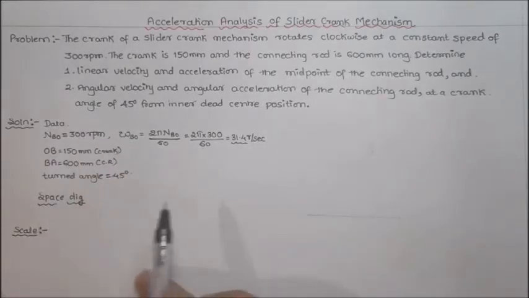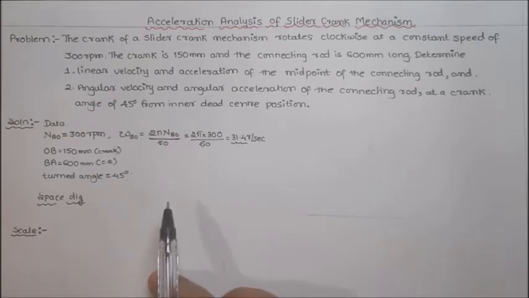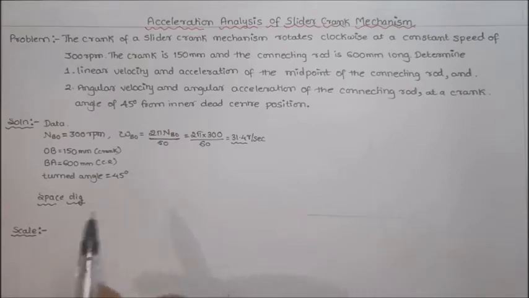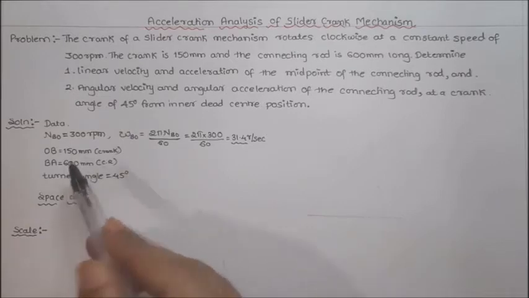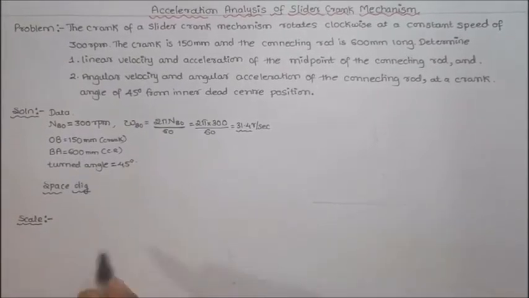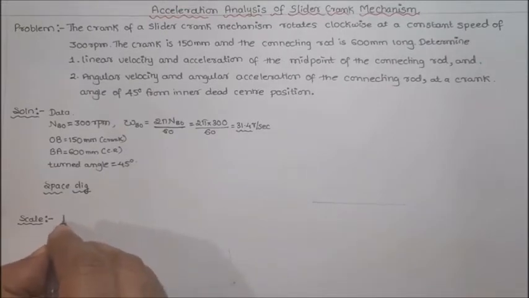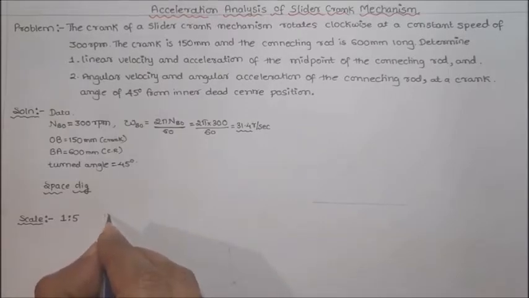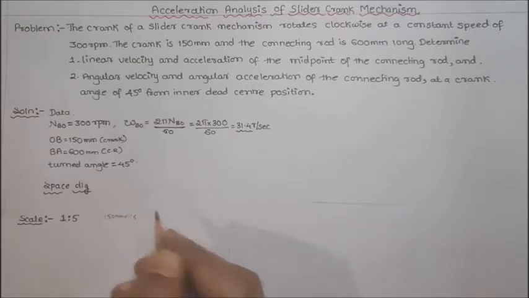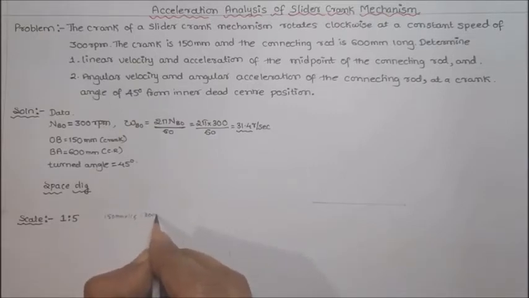We require to first draw the space diagram. For drawing the space diagram we require a certain scale. The values are 150 and 600, so we'll take a scale equal to 1:5. When we take a scale of 1:5, we get 150 mm into 1/5, that is 30 mm.